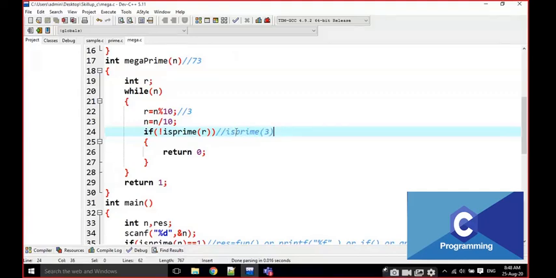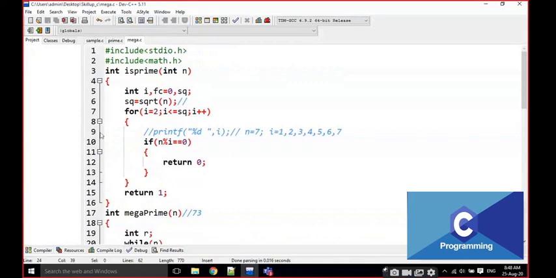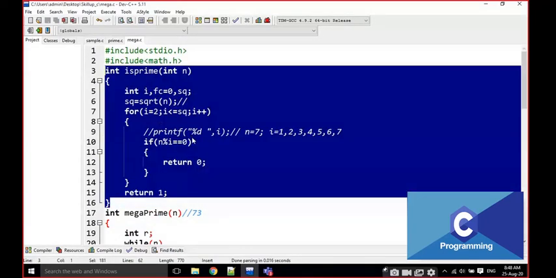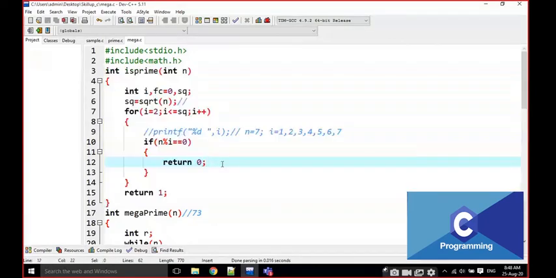Students, is 3 prime or not? Yes, sir. Yes, then what is this function returning? If it is a prime, what value am I returning from this is prime of function? 1.